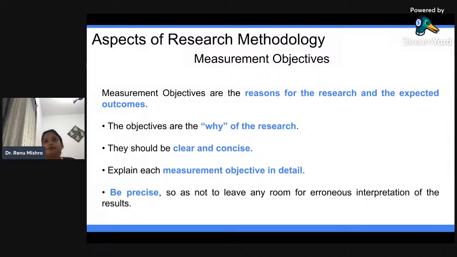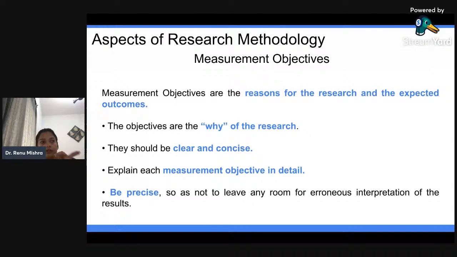For example, identifying the factors influencing the consumer behavior in Dubai market towards real estate. Simple. So what I'm trying to do is look out for those factors which influence why people in Dubai are buying in the real estate market.